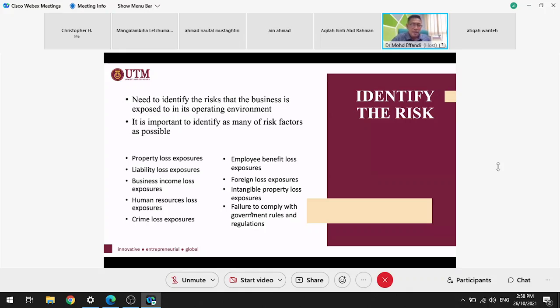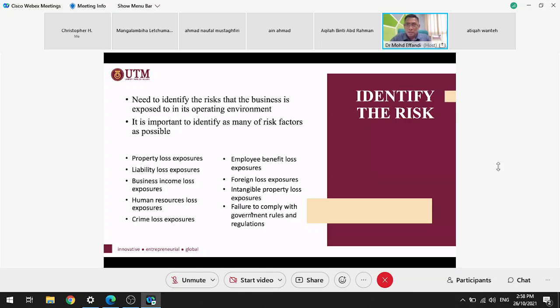What is the risk of studying? Failing, for example. So how are you going to rectify this? You have to study hard, for example. So you have to identify the risk, and these are a few things that you need to have in mind.